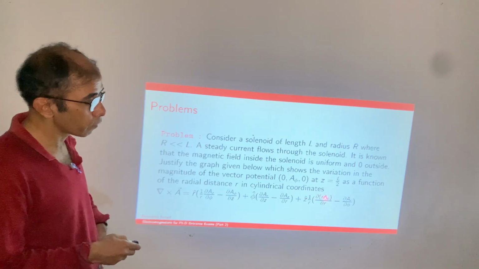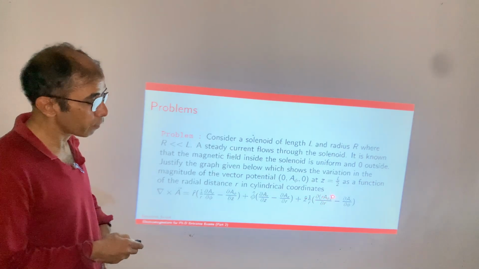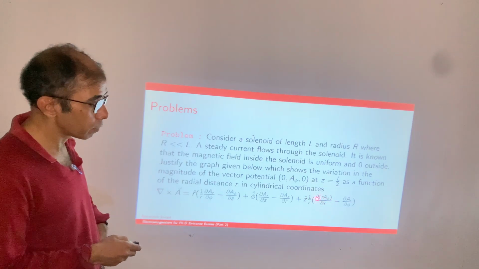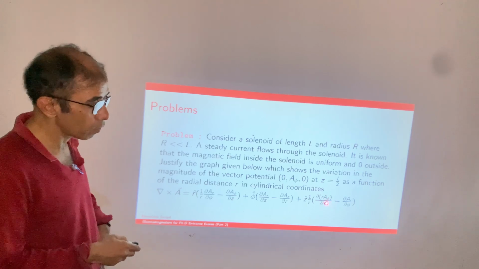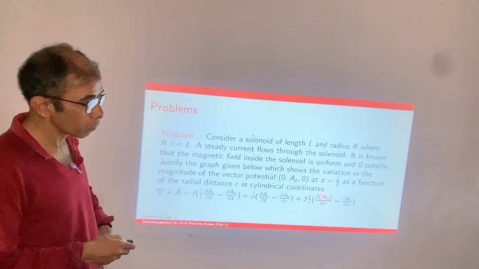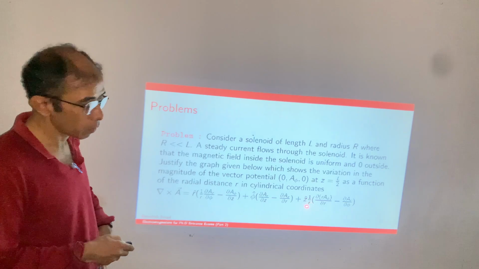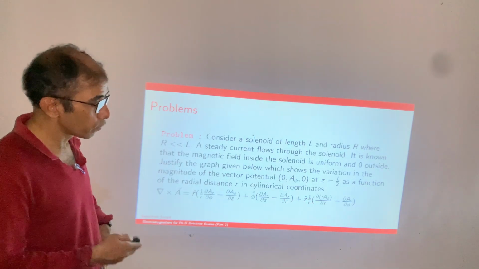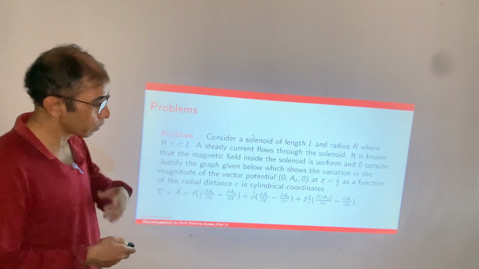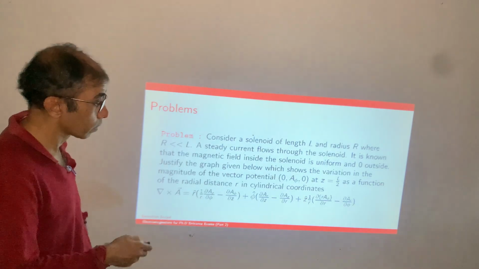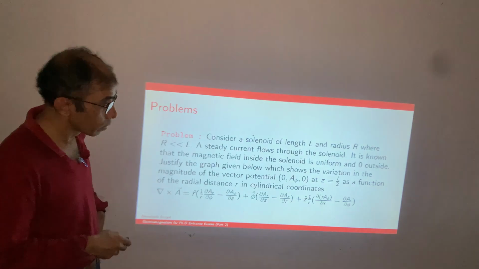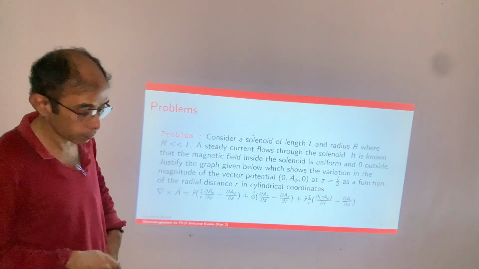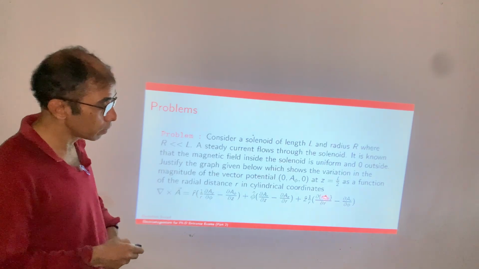It can be independent of R when A phi goes as R. When A phi goes as R, then it becomes del R of R square, so we will get R, and that R and this R will cancel, and what we get is a uniform, constant magnetic field in the Z direction. And so this is inside the solenoid.